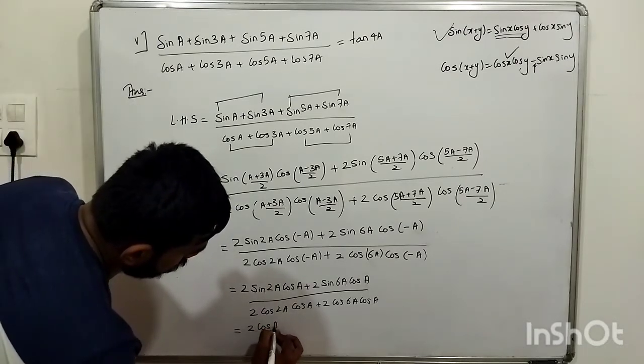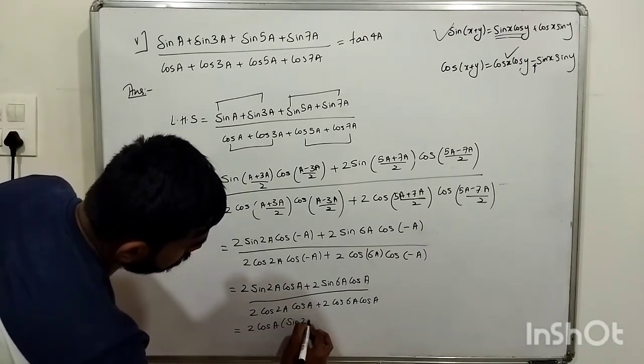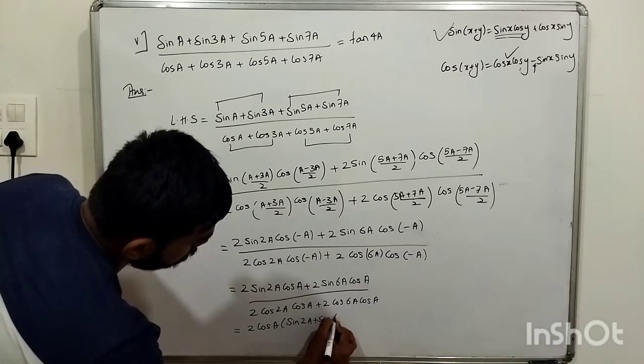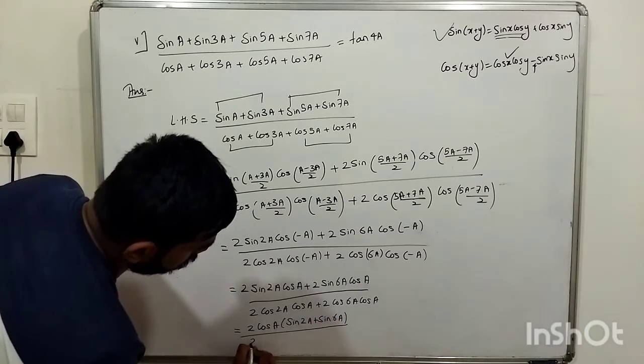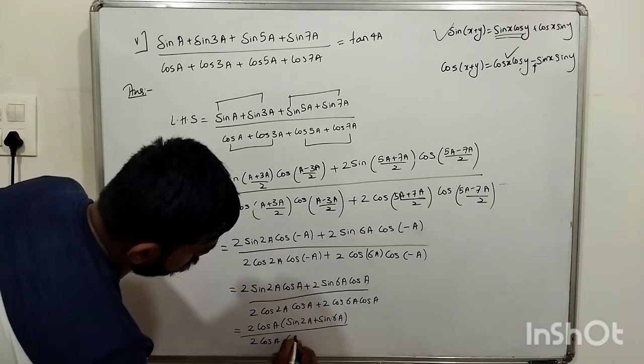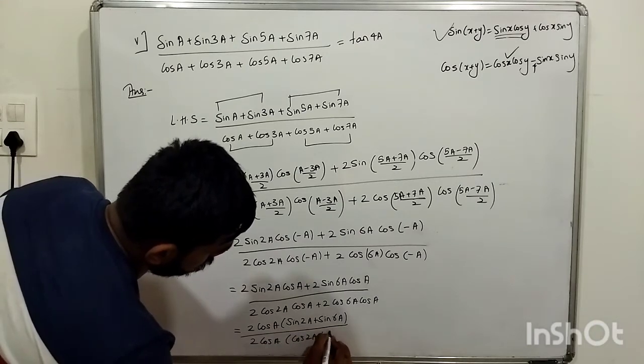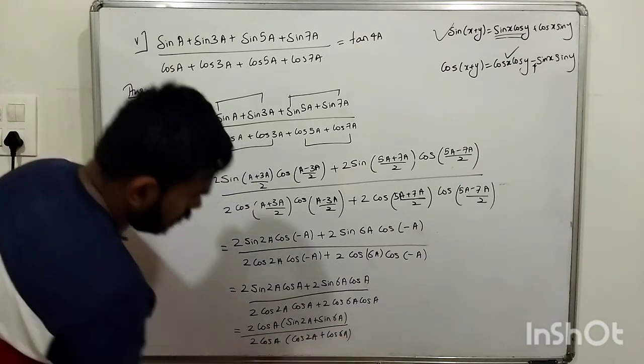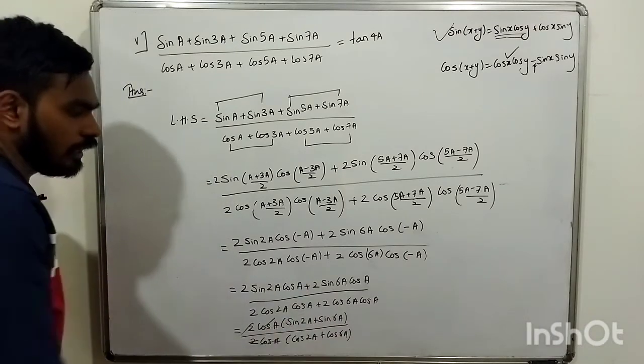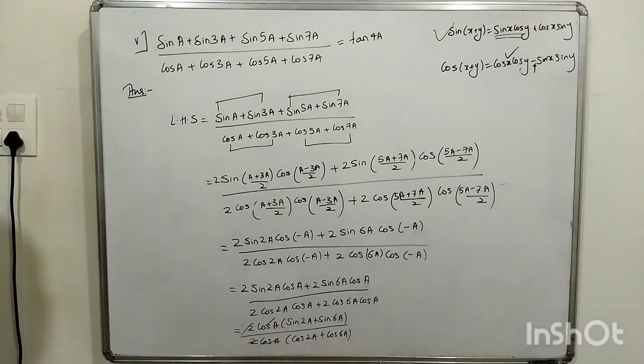What is left is sin 2A plus sin 6A upon cos 2A plus cos 6A. Then we can cancel, and we have sin 2A plus sin 6A upon cos 2A plus cos 6A. This we can simplify again.